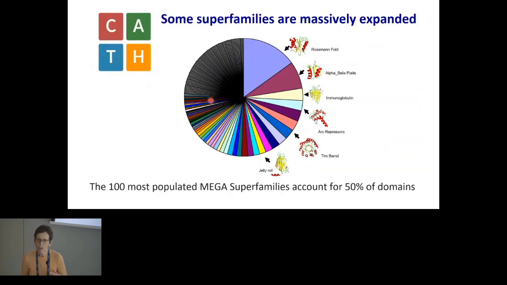So bringing all this data in from the sequence resources made us realize that there's really a lot of bias in the evolutionary families. Some evolutionary families are absolutely massive. So 100 out of 5,000 superfamilies account for more than half of the data, actually. These are superfamilies that you find in all organisms of life. Some of them are massively duplicated within some organisms.